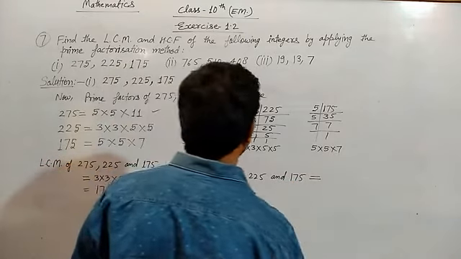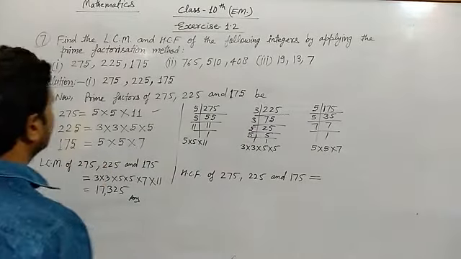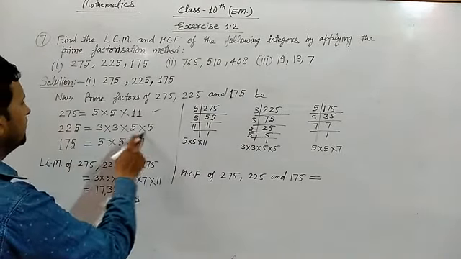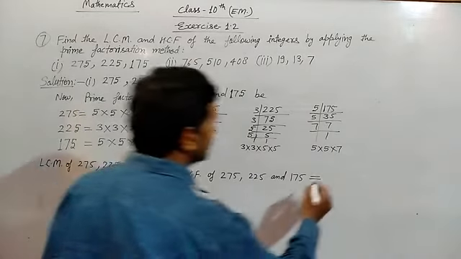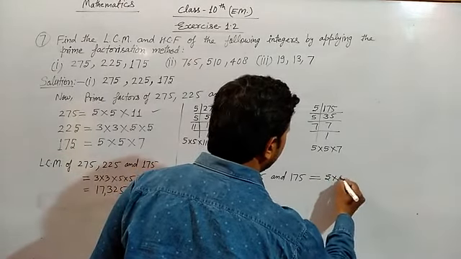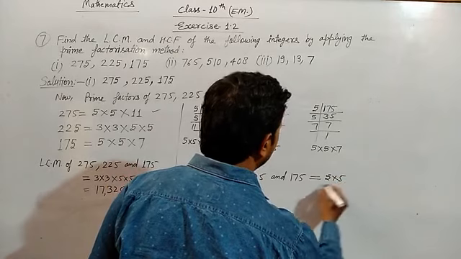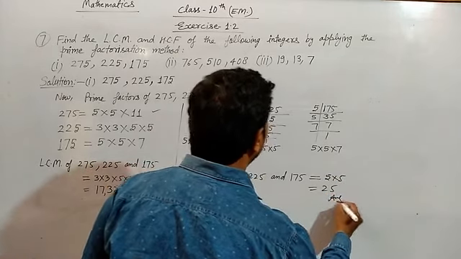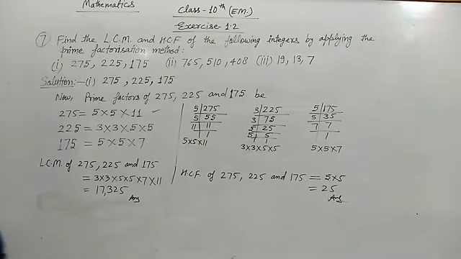We can see what the highest common factor is here. 5 into 5, 5 into 5, 5 into 5, which means 5 into 5 is the highest common factor. Now we can say 25 is the HCF. This is our answer. You can check it and solve it.